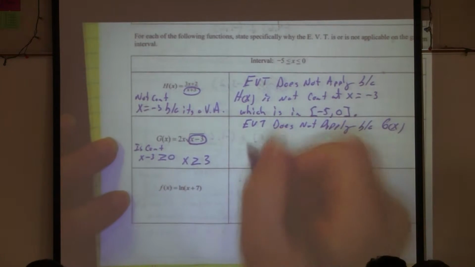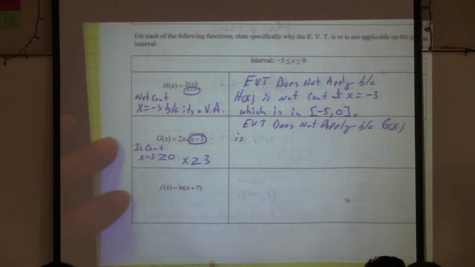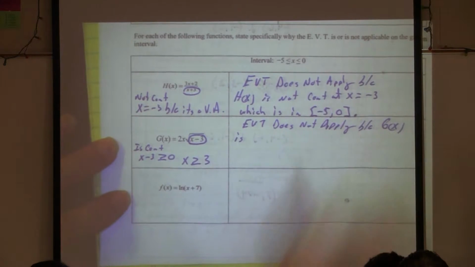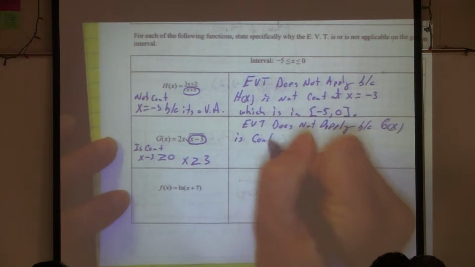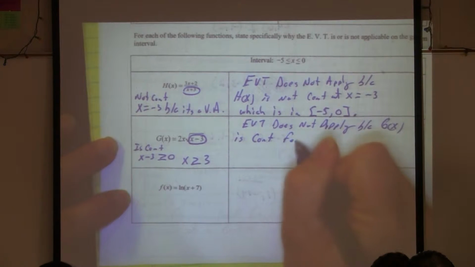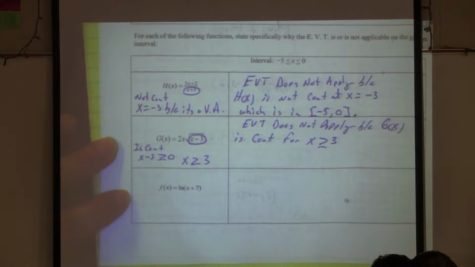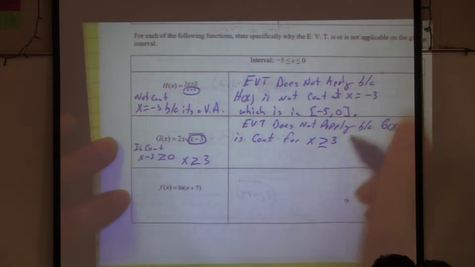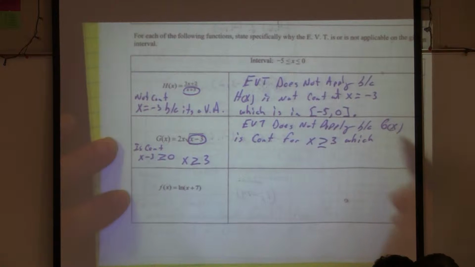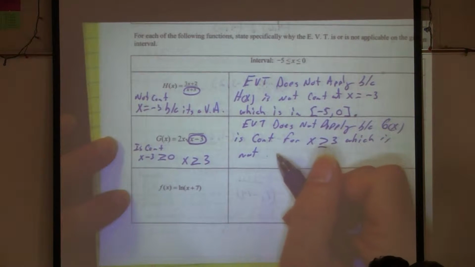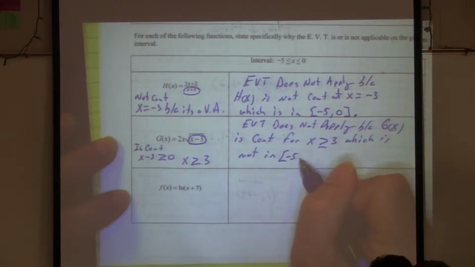g of x is continuous for x's that are greater than or equal to 3, which is not in the interval -5 to what?